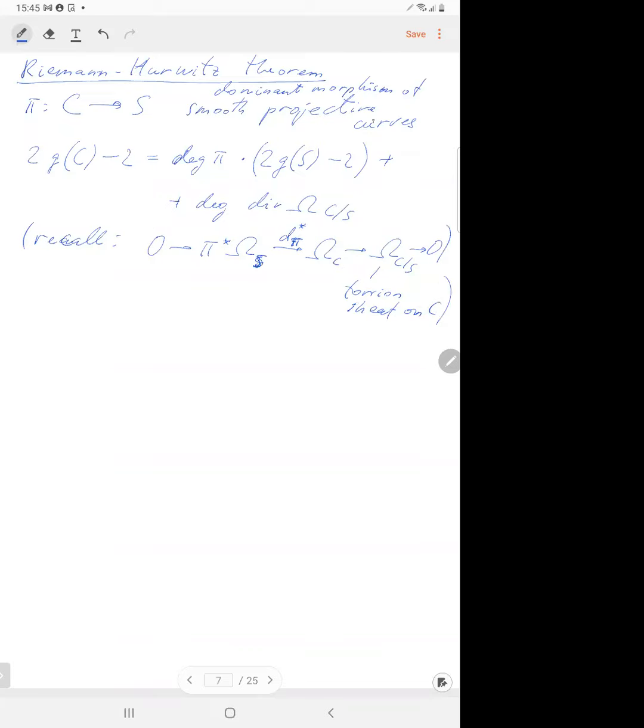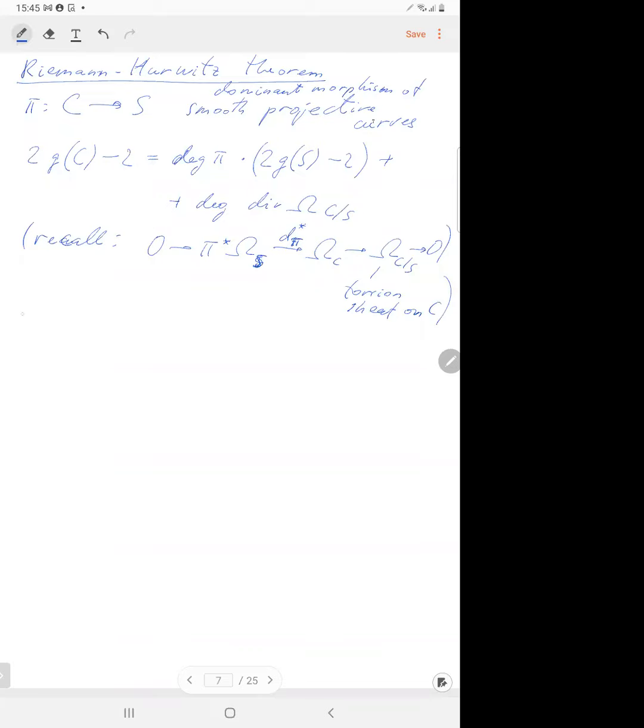Okay. Well, this two genus minus 2, probably you know that it's the Euler characteristic of your curve, say topological.